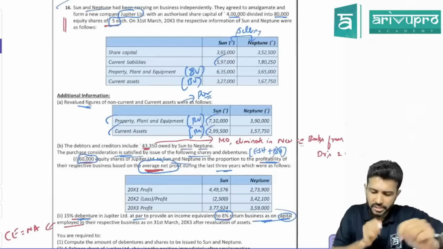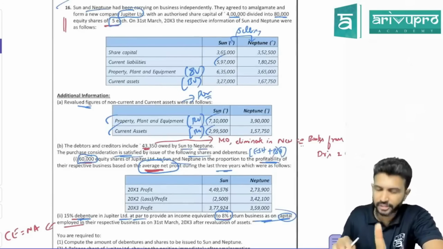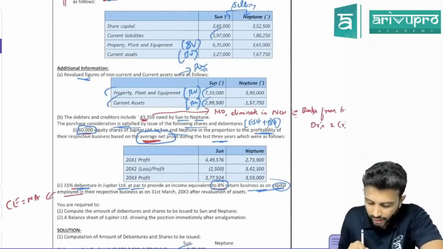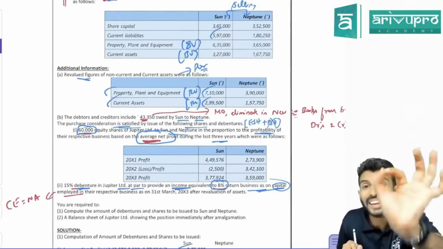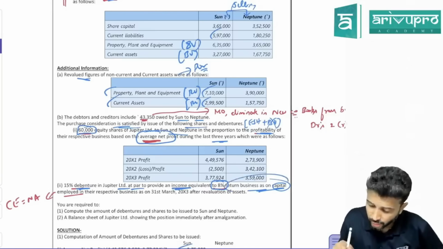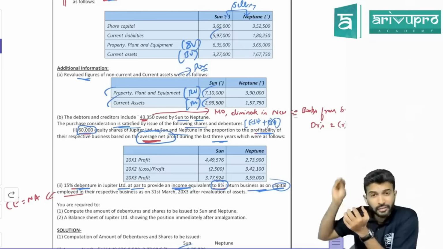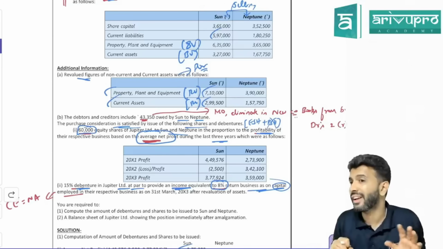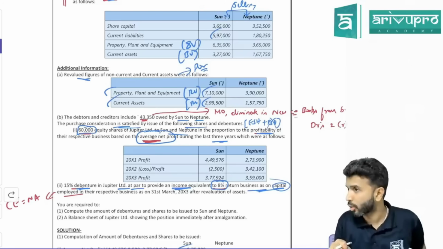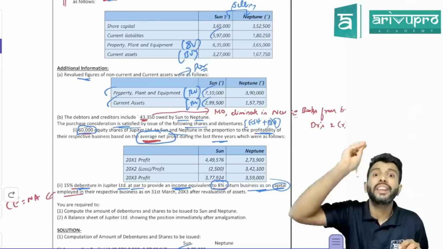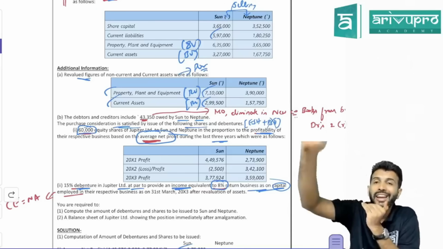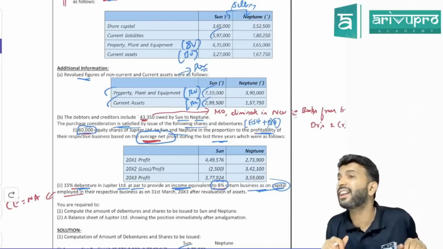Now let's come back to the adjustment and read it again. 15% debentures in Jupiter Limited are issued at par to provide an income equivalent to 8% return on capital employed. You have to give debentures in such a way that the income to the debenture holders should be equal to 8% on capital employed.